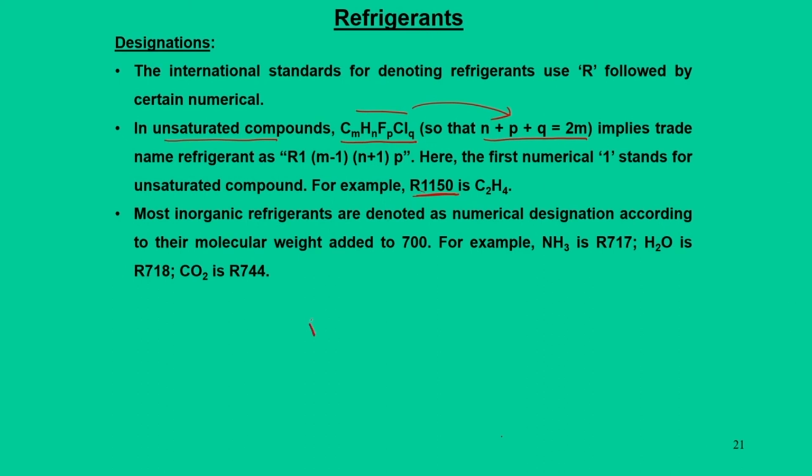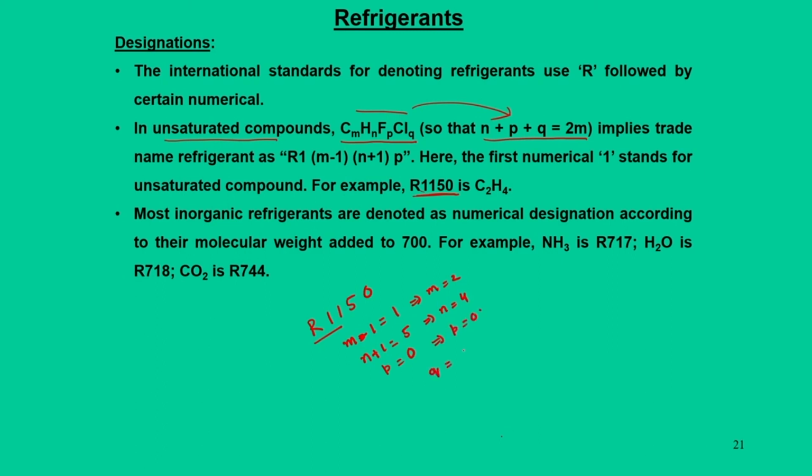For example, if I say R1150, the first R1 remains as it is. So, 150 means your m minus 1 is equal to 1, n plus 1 is equal to 5, and P is equal to 0. So, this means m is equal to 2, n is equal to 4, and P is equal to 0.